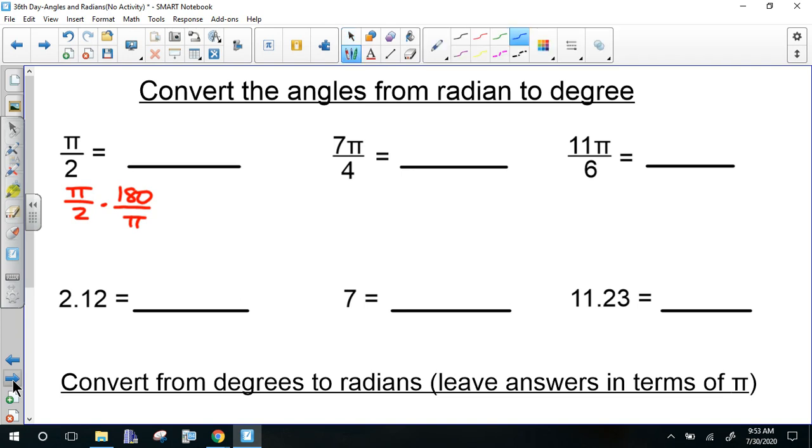Well, they cancel each other out. Okay. And I'm left with 180 divided by 2, which equals what? 90. So pi over 2 is at 90 degrees. Pi over 2 is a fourth of the way around the circle. 90 degrees is 1/4 of 360.